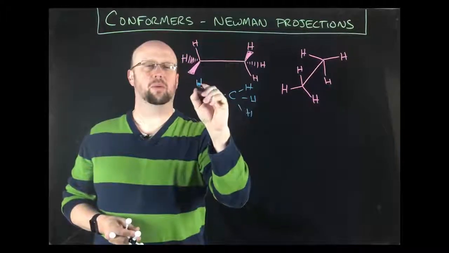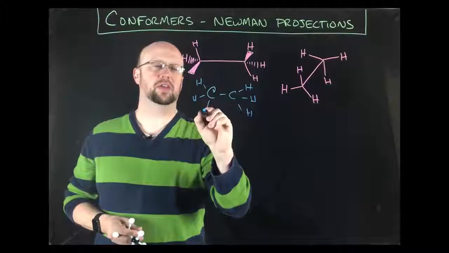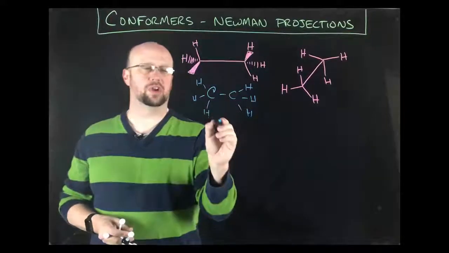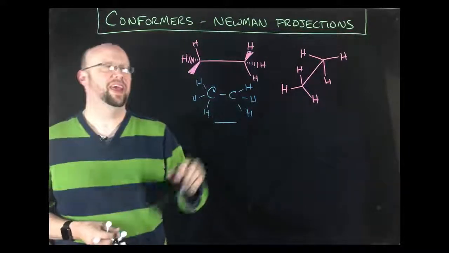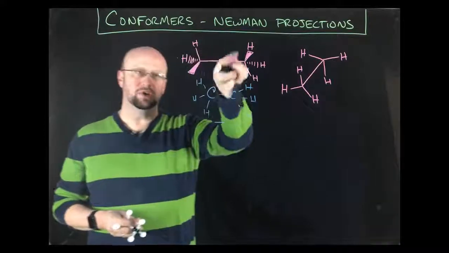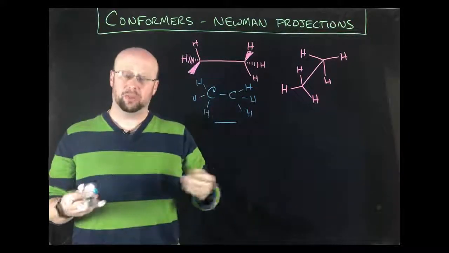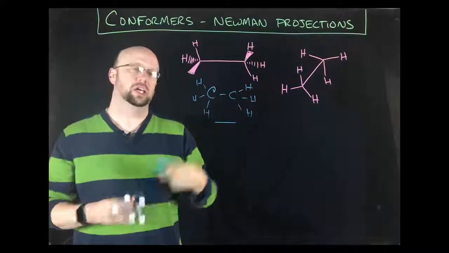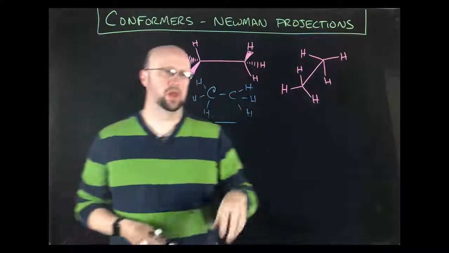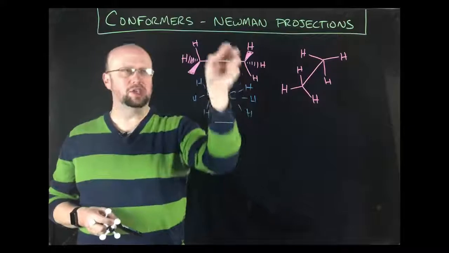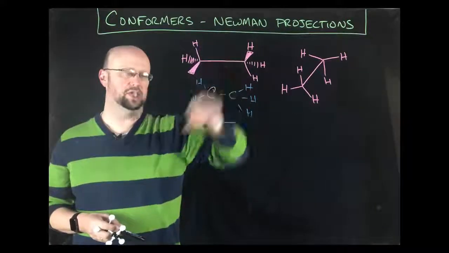Back in Chem 1, you may have drawn your ethane like that. And of course, if we were drawing a line structure, it just would have been a line, right? But what this shows is the three-dimensionality of where the hydrogens are. Sometimes we don't think about that, but that really matters as far as our energy considerations. So, normal model, line structure, this is our wedge and dash model.